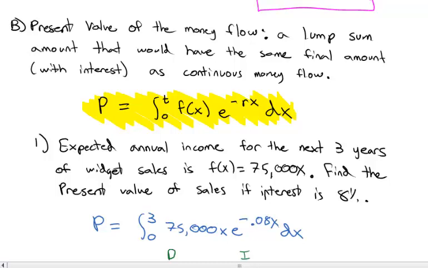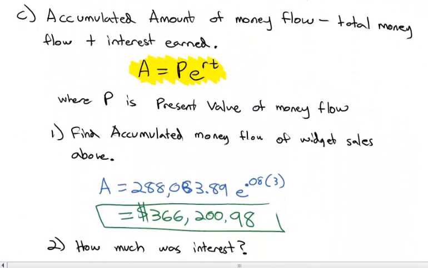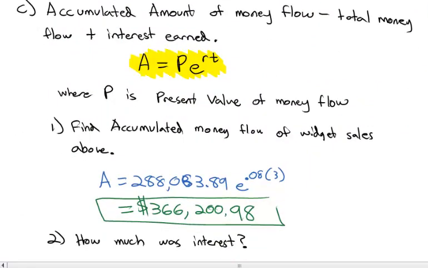That's going to tell us what lump sum now is equivalent to continuous deposits over the time. And accumulated money flow is A equals Pe to the rt. That tells us how much money we have in both deposits of the continuous money flow, the total money flow, I should say, plus the interest earned on that money.